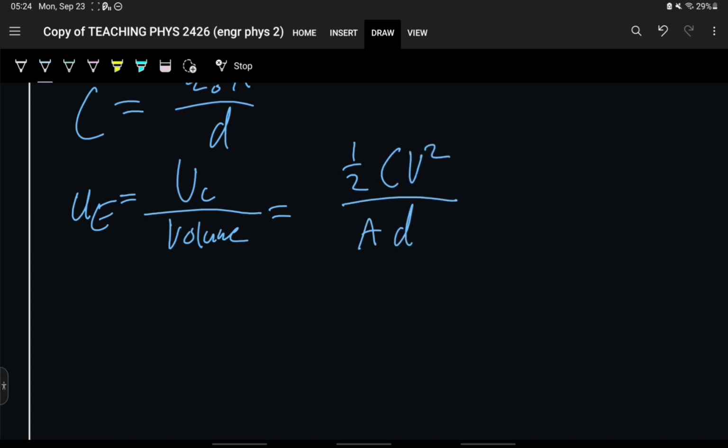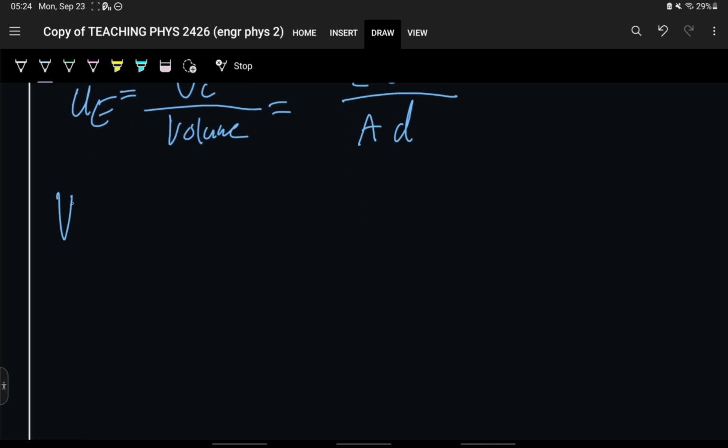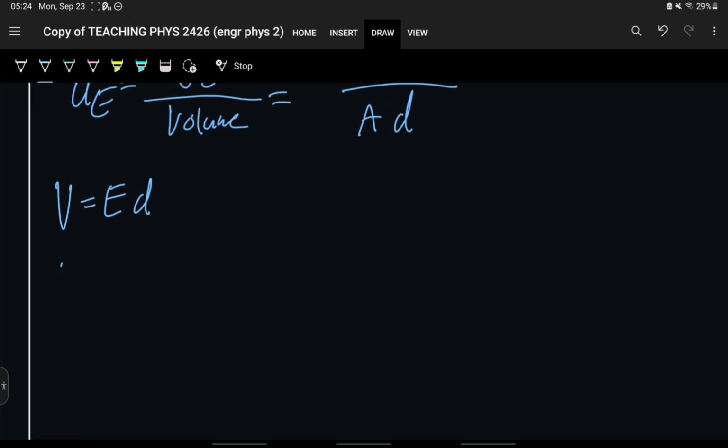And if we remember from a previous part, we know that V is equal to E times D, where V is voltage, E is electric field, and plate separation is D. So if we substitute V equals E times D into the expression for U sub C up above, we get U sub C is equal to 1/2 times C times (E times D) squared.